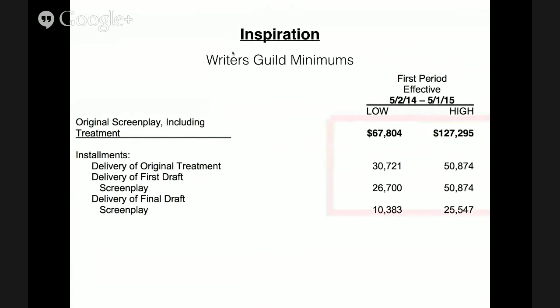Another thing to note that's interesting is the fee for delivering an original treatment. Now the treatment is not even the script. The treatment is pretty much a prose version, an outline of the movie from start to finish with the major beats and sequences noted in detail. But the amount of money they receive for just finishing the treatment is the same as for the first draft of the screenplay.